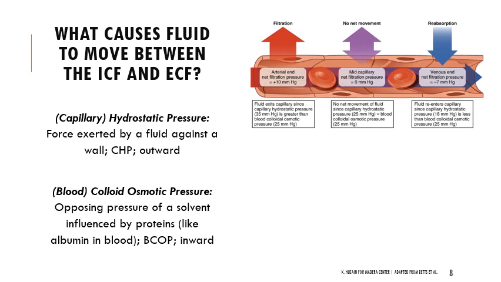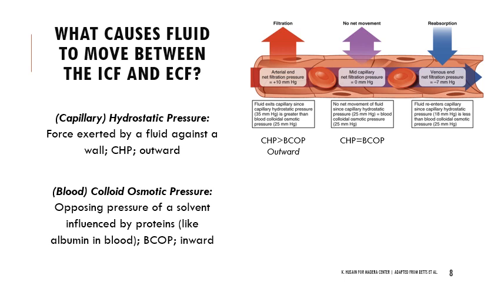So when we compare these values, the capillary hydrostatic pressure, or CHP, and the blood colloid osmotic pressure, or BCOP: when CHP is higher than BCOP, there is a net outward pressure, and we have what's called filtration or fluid leakage. So fluid is leaving that vessel. When they're equal to one another, we have no net movement.